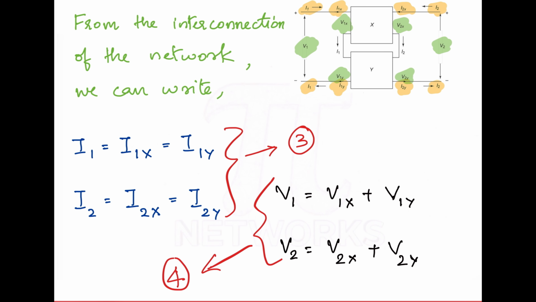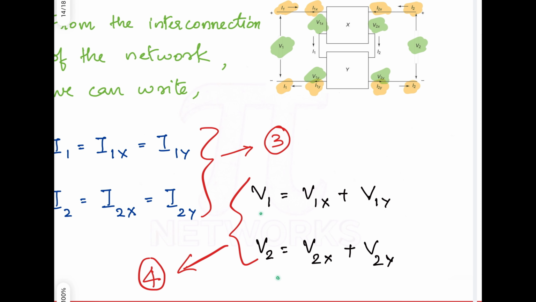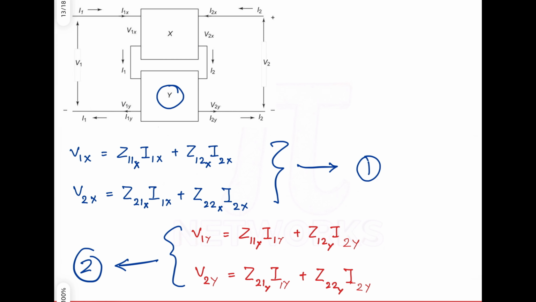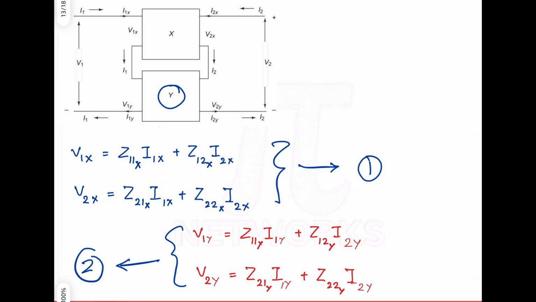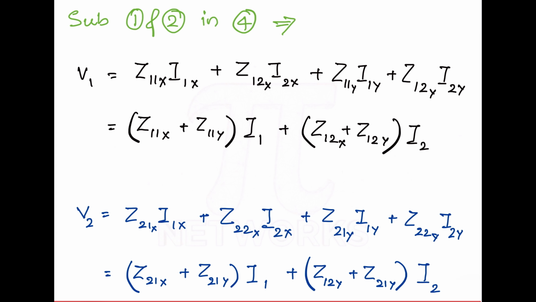Now substitute the first and second equations in the fourth equation. The fourth equation is the equation for V1 and V2, and into it we substitute the equations of the separate two-port networks. After substituting, we get V1 is equal to Z11X I1X plus Z12X I2X plus Z11Y I1Y plus Z12Y I2Y.